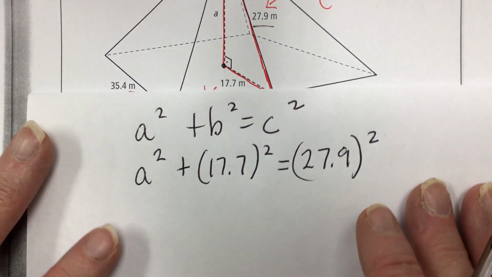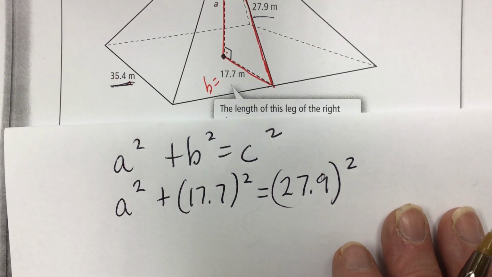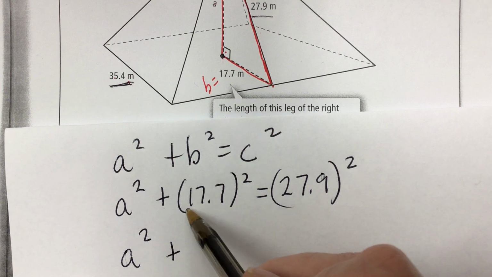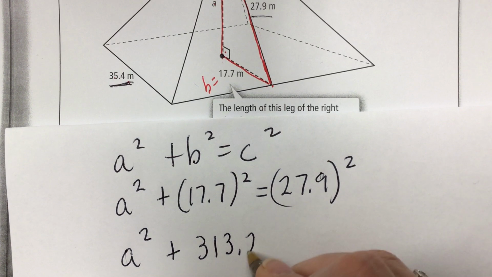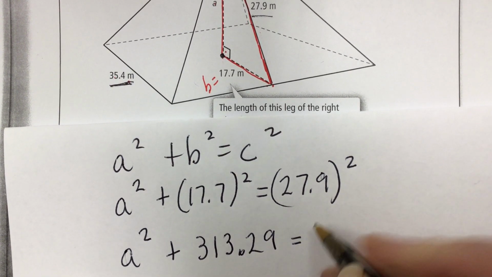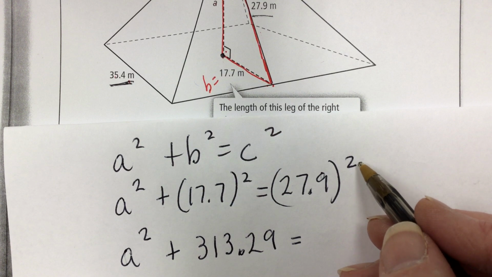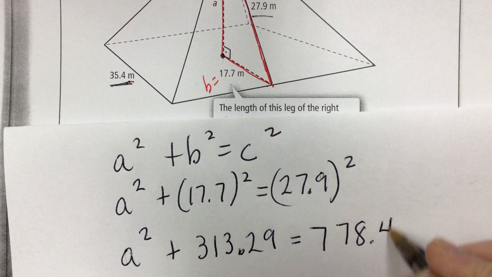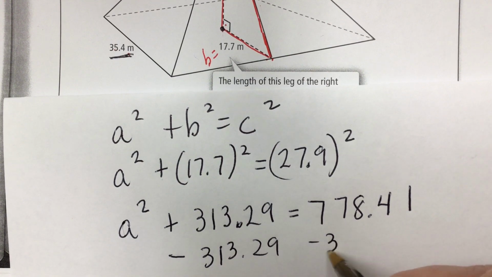So I have A squared plus 17.7 squared, which in your calculator is 313.29, equals 27.9 squared. 27.9 times 27.9 gives you 778.41. To solve this, let's subtract 313.29 from both sides.